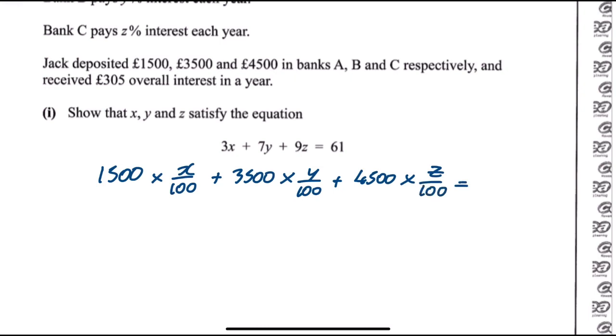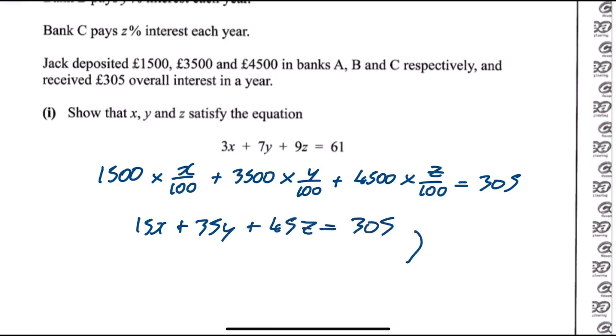And then that gives him £305. Now, if you just do those, 1,500 times X over 100, that just goes to 15X. Same idea, 35Y, 45Z, and that is 305. And then if you divide by 5, you will get to what you want, 3x plus 7y plus 9z is equal to 61.